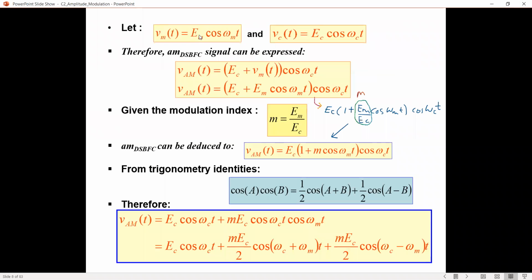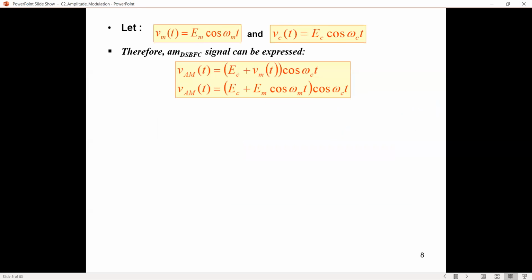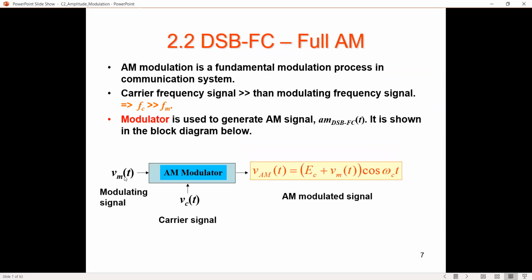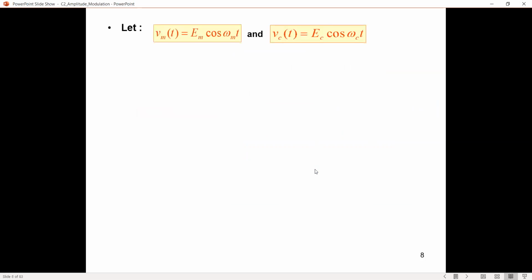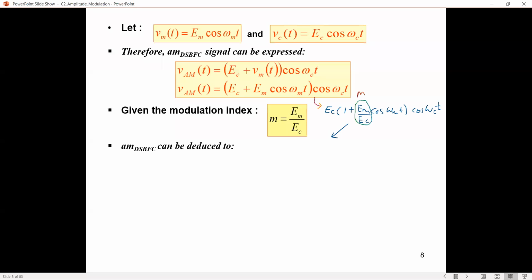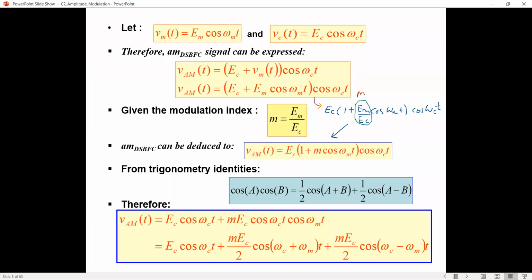Our information signal before modulation, we have our VMT and carrier. These are the two inputs of our AM, and this is our VAMT, the AM modulated signal. We perform analysis to look at the spectral components. When we multiply the modulating signal and the carrier signal, what happens?